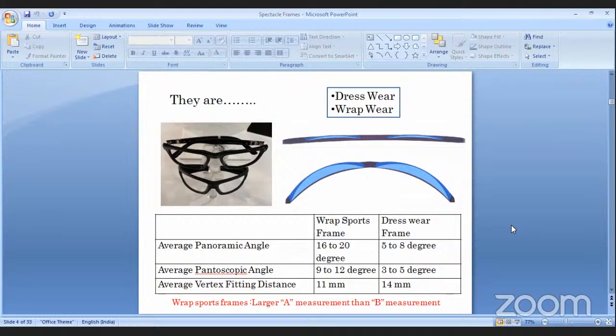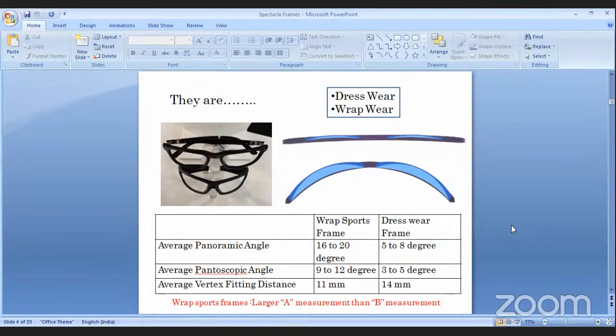The basic difference between the two types is in the way they have been constructed. Sports frames are constructed to have an average pantoscopic angle of 16 to 20 degrees, whereas dress wear spectacle frames are constructed to have an average pantoscopic tilt of 5 to 8 degrees. When they come out of the factory, they have 5 to 8 degrees of pantoscopic tilt.